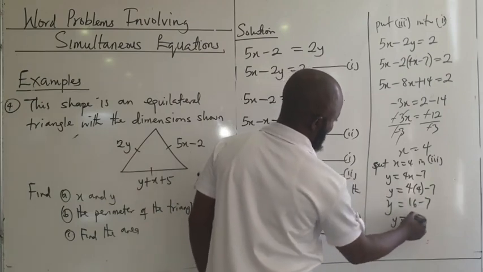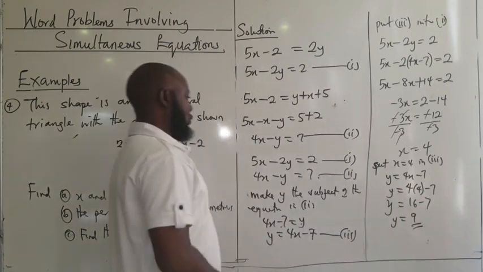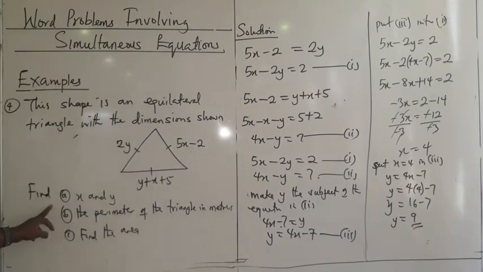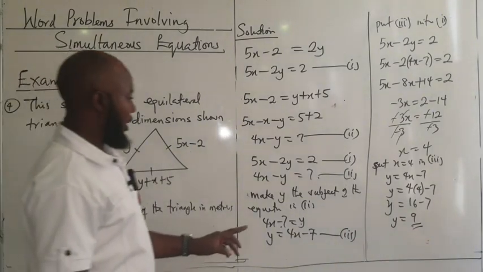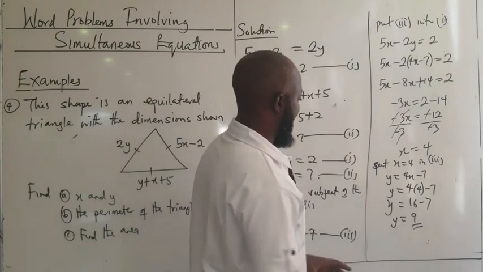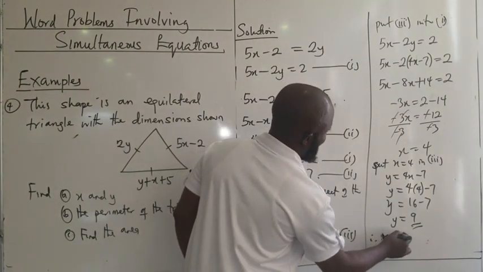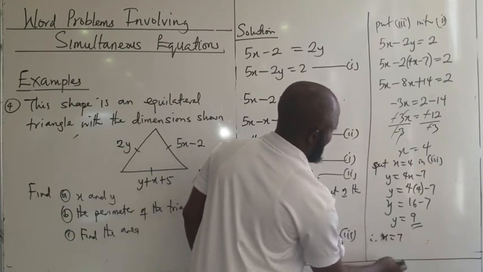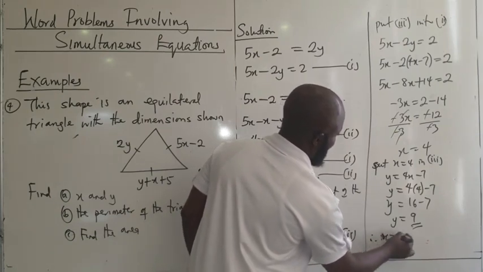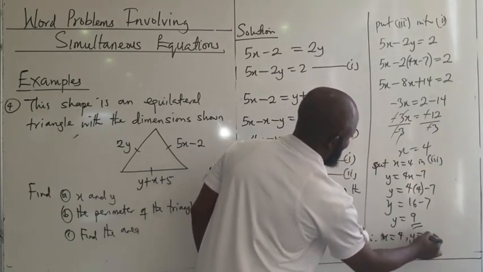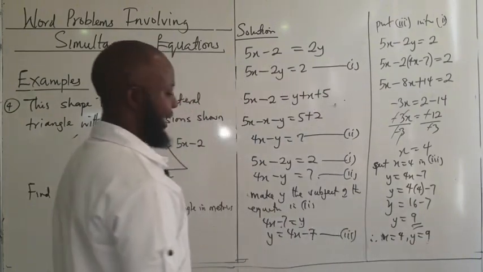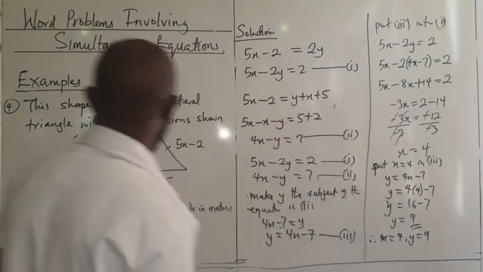And that means y equals to 9. So we've known the value, that is for A. We've known the value of x and y. Therefore, x is equal to 4 and y is equal to 9. So that is that on the first one, that is A.